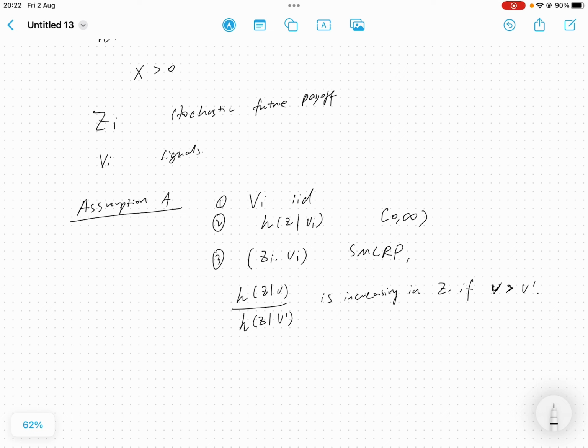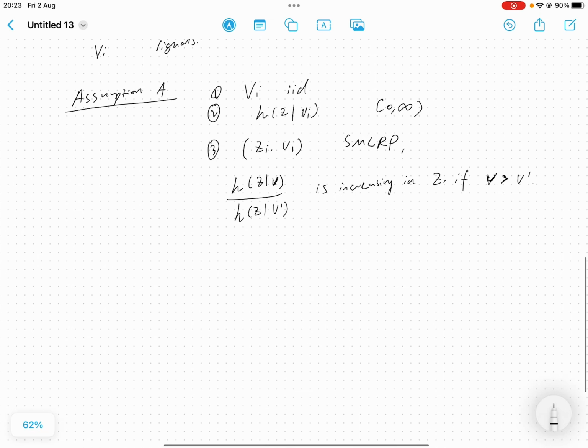So that's how they make this assumption on the distribution H regarding the monotone likelihood ratio. Actually, this monotone likelihood ratio property doesn't place requirements on the random variable; it's just a property between two distributions. If we want to show this graphically, this is the random variable Z, and this is the PDF.